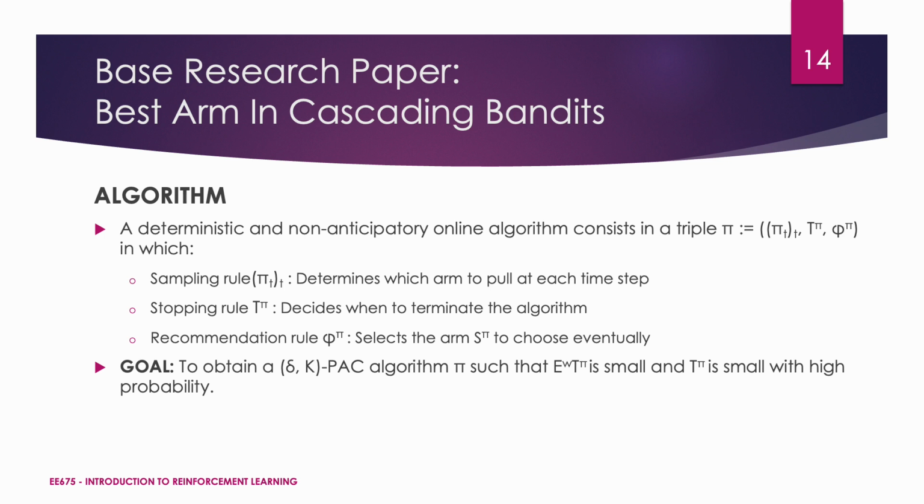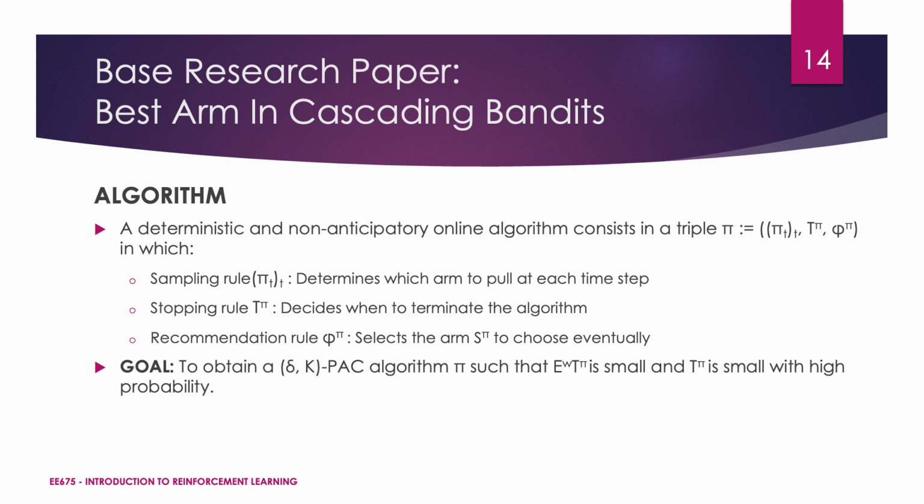Next one is the stopping rule, tau, which decides when to terminate the algorithm. This decision is typically based on reaching a predefined confidence level or after a certain number of iterations to ensure computational efficiency. And the last one is the recommendation rule, phi-pi. This selects the arm S-pi to choose the optimal arm eventually.